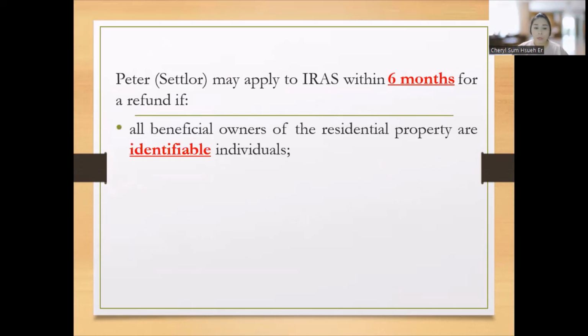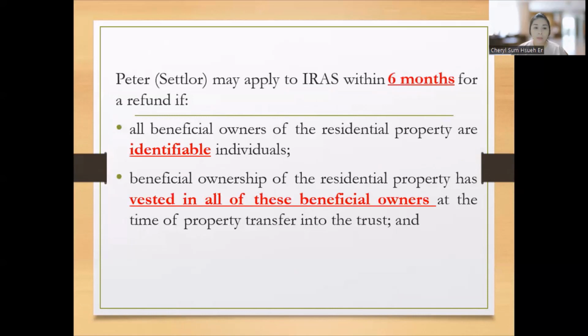The first one, if all beneficiary owners of the residential properties are identifiable individuals. So at that point, when we are setting up the trust, we can already clearly say who the beneficiary is. That's the first criteria. Second one, all these beneficiary owners must have vested interest at the point of transfer.